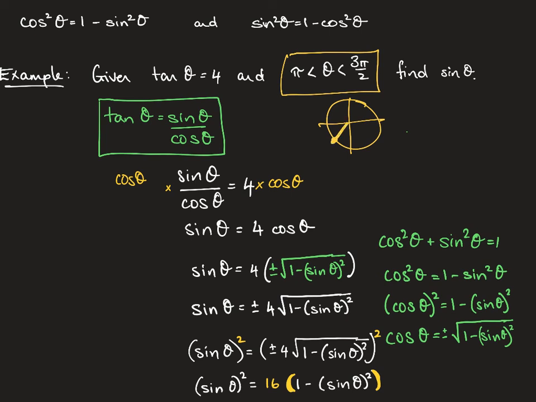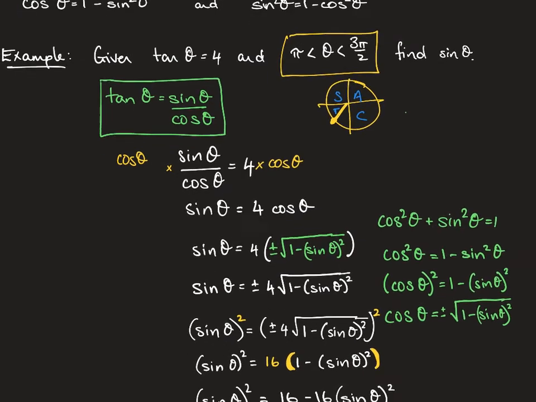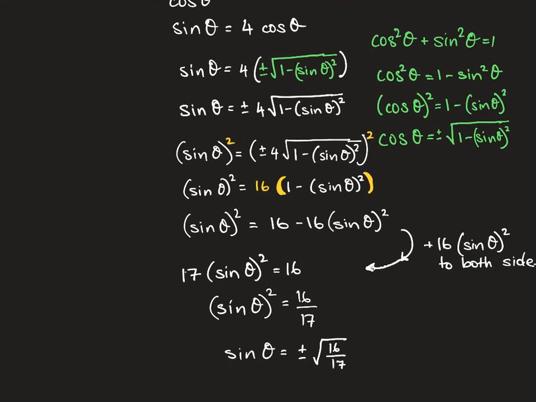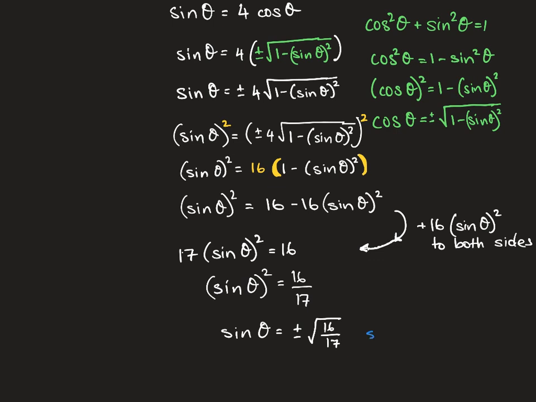And in the third quadrant, only tan is positive. And that means that for our answer down here, since theta is in between pi and 3 pi on 2, then our answer for sine is in fact the negative.